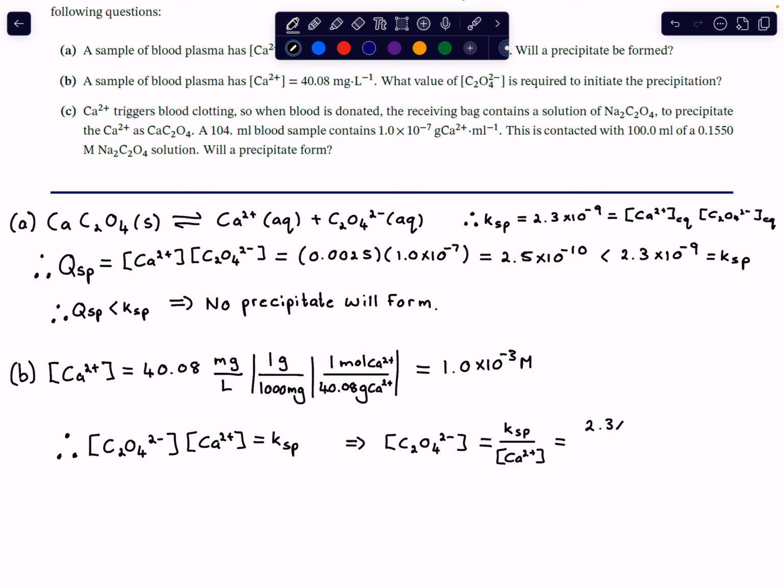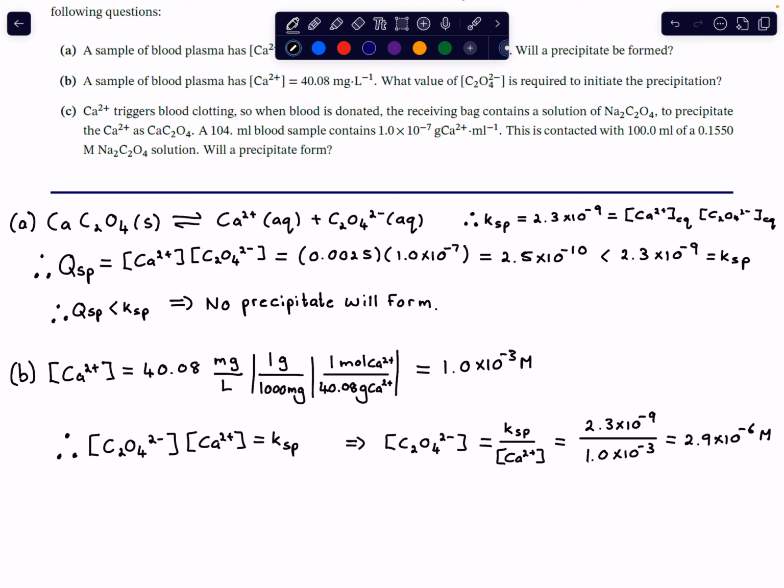So 2.3 times 10 to the -9 divided by 1.0 times 10 to the -3 is equal to 2.9 times 10 to the -6 molar.